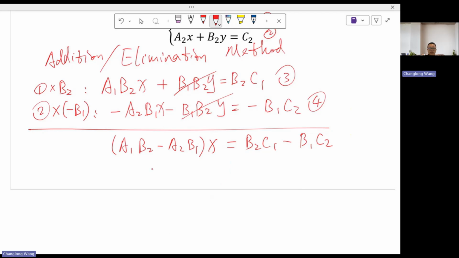And we get x just by dividing out the coefficient. It will be b2 c1 minus b1 c2 over a1 b2 minus a2 b1, okay?